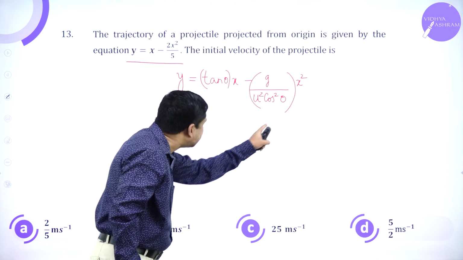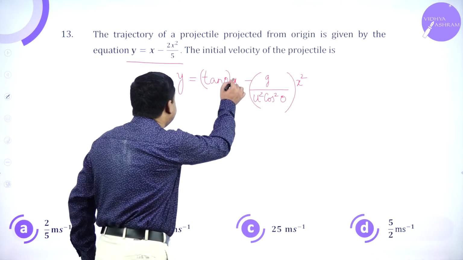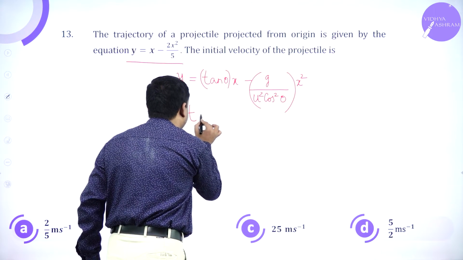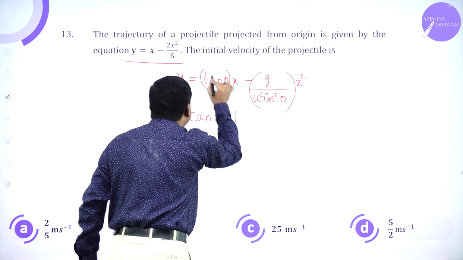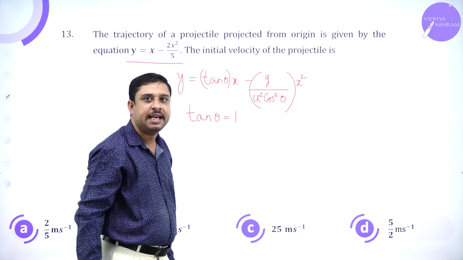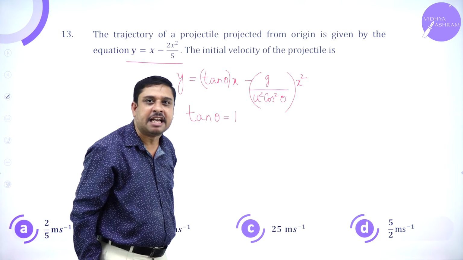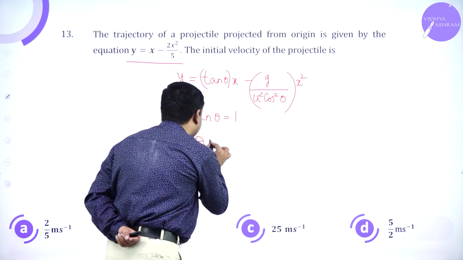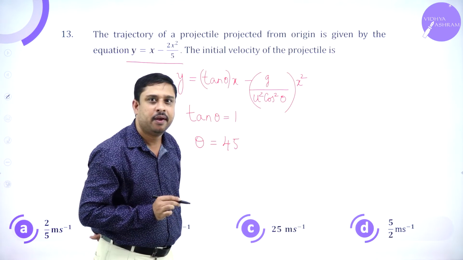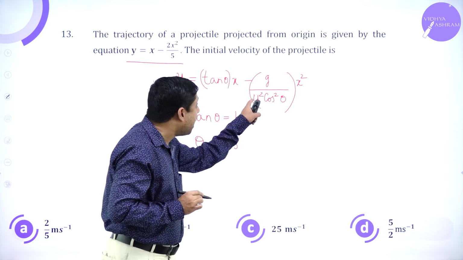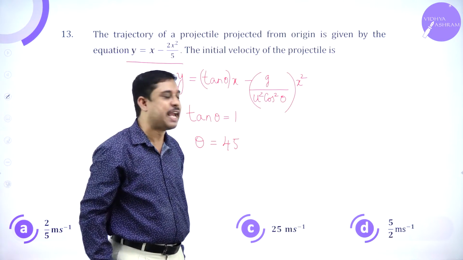When I compare this standard equation with the one given here, the x coefficient gets cancelled, which means tan theta is 1. Comparing the first part of the expression, tan theta is equal to 1, or theta is equal to 45 degrees. With this, I am calculating u, the initial velocity.